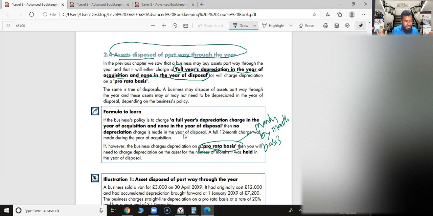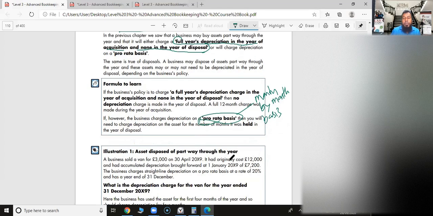You must be very clear with this statement. I repeat the statement. Charge full year's depreciation in the year of purchase, irrespective of which month you bought it. Don't worry about it. None in the year of disposal. Don't charge anything, which we have worked out anyway in one of the examples. That is one thing. Second thing is pro rata basis, month by month basis.